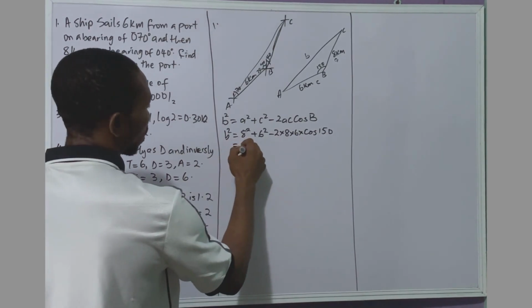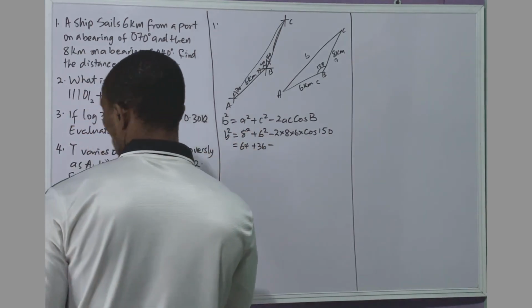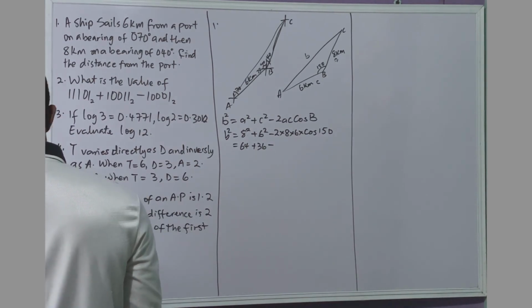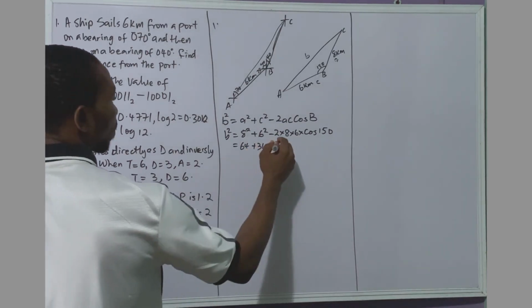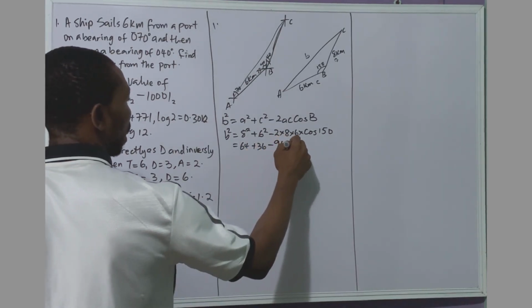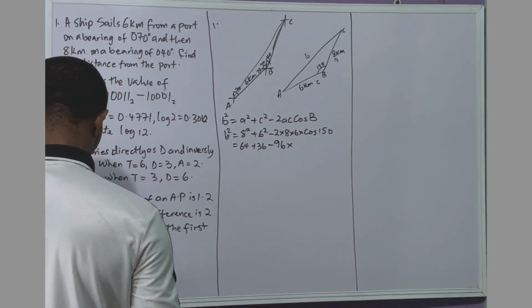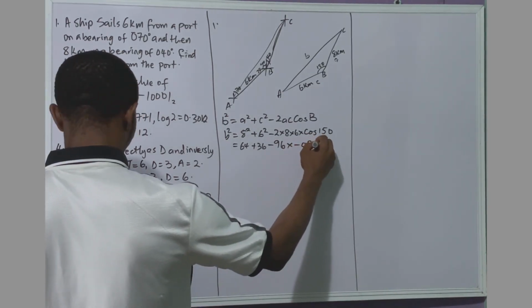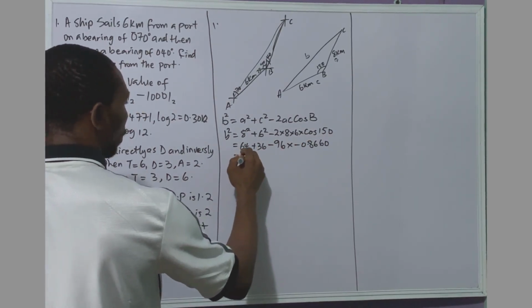So this becomes 64 plus 36 minus 2 times 8 times 6, that is 96 times cos 150. Cos 150 gives us a minus 0.8660. Now minus times minus will give us plus.